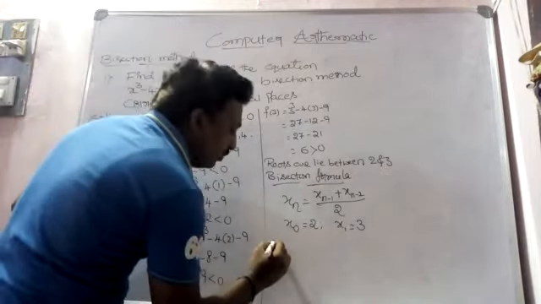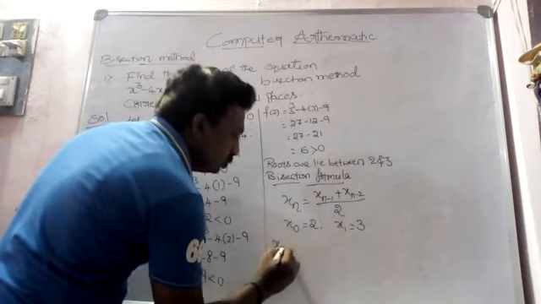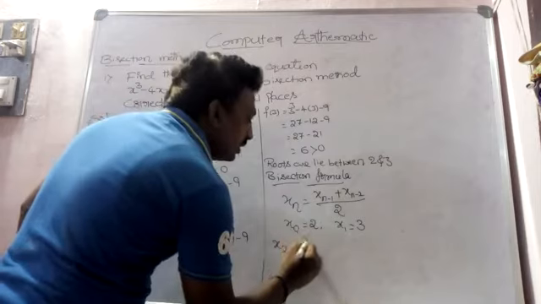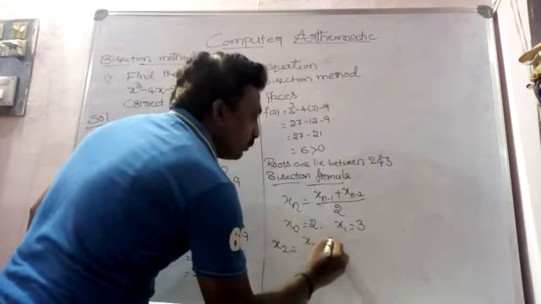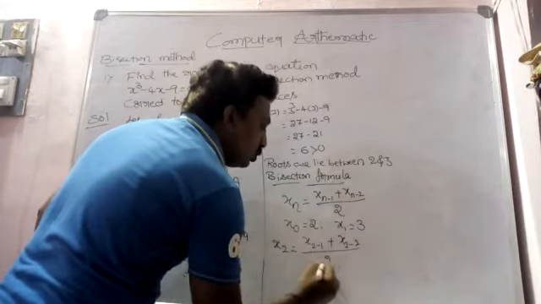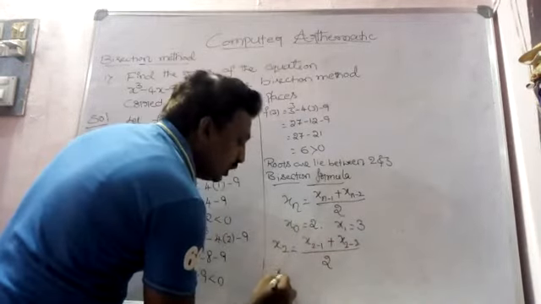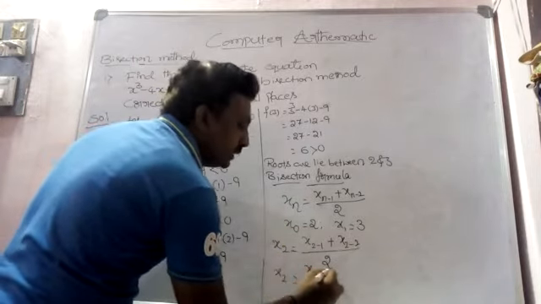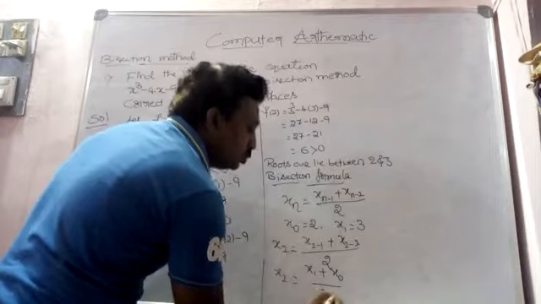Now we want x2, so n equals 2. x2 equals x2 minus 1 plus x2 minus 2 divided by 2, that is x1 plus x0 by 2.